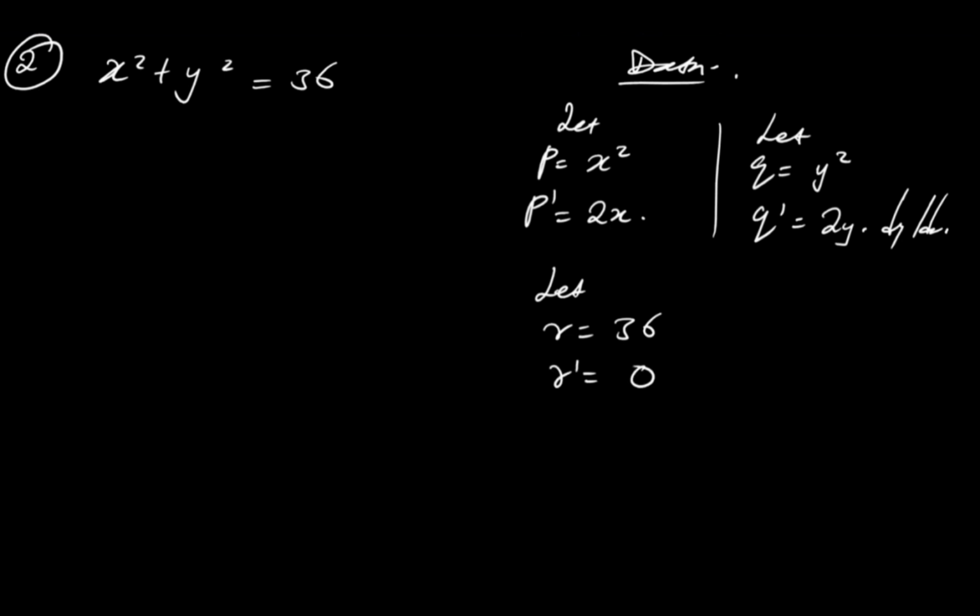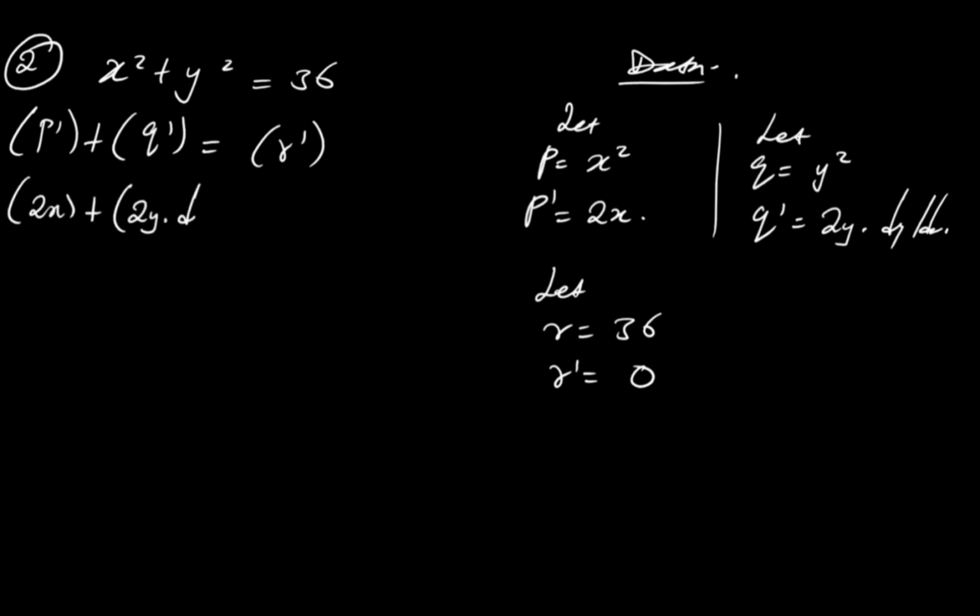Now, if I put this back, it implies that I'll have p prime plus q prime being equal to r prime. So after that, if I substitute, p prime is simply 2x plus q prime, which is 2y times dy over dx, being equal to r prime, which is 0.